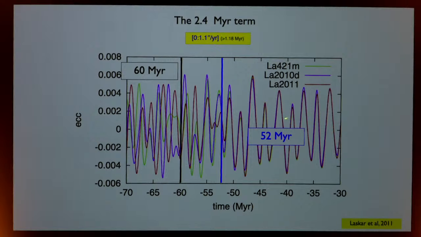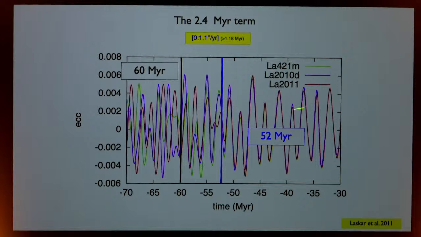And this is not the eccentricity of the Earth, it's a component of the eccentricity of the Earth that is in fact the major component in the eccentricity of Mars. So that will be quite similar to the eccentricity of Mars. It's a 2.4 million year term.